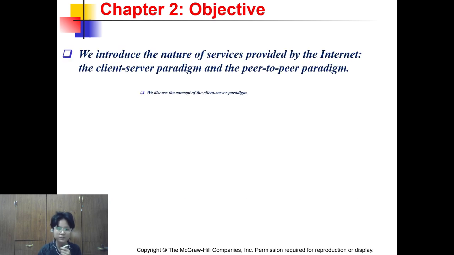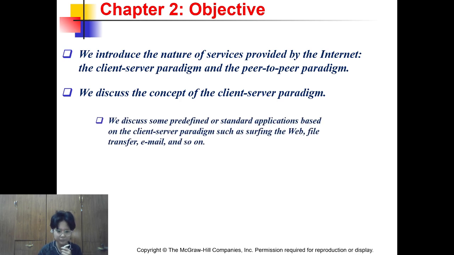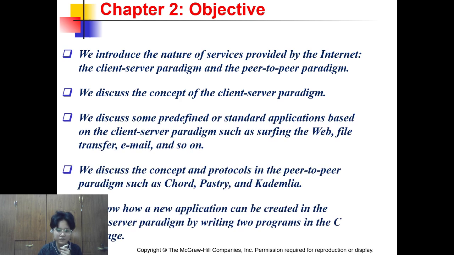About the objective, we introduce the nature of the services provided by the Internet, the client-server paradigm, and the peer-to-peer paradigm. We discuss the concept of the client-server paradigm. We discuss some predefined or standard applications based on the client-server paradigm, such as surfing the web, file transfer, email, and so on.